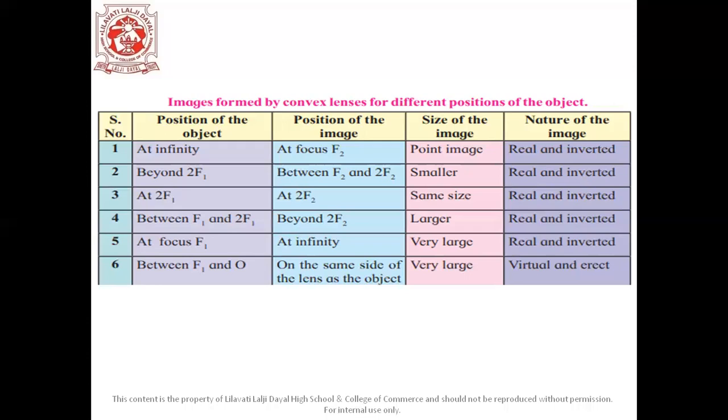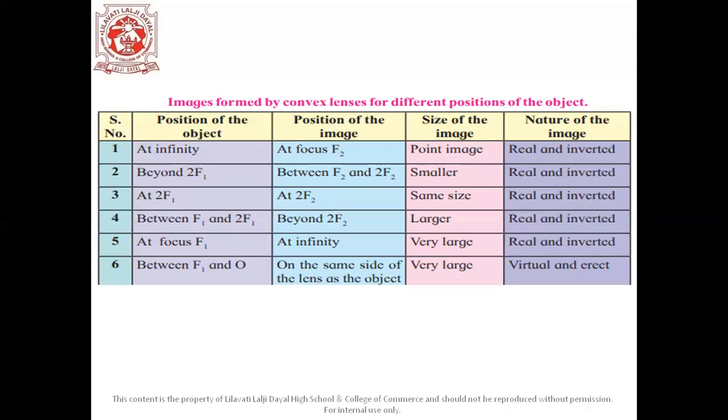Next, students, if the position of the object is at focus f1, then the position of the image is at infinity, the size of the image is very large, and the nature of the image is real and inverted. Last, students, if the position of the object is between f1 and the lens, so here the position of the image is on the same side of the lens as the object.